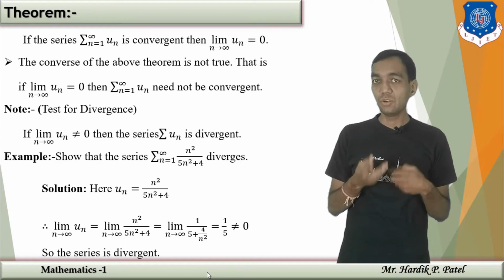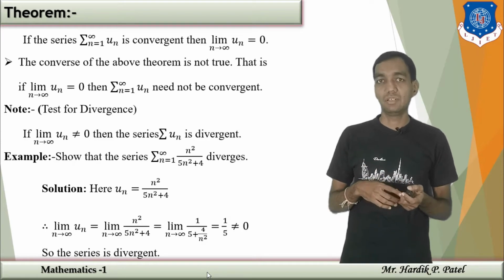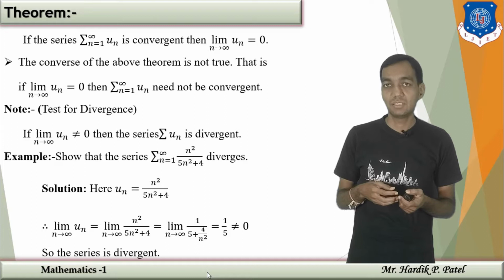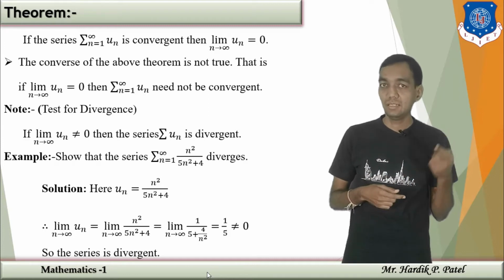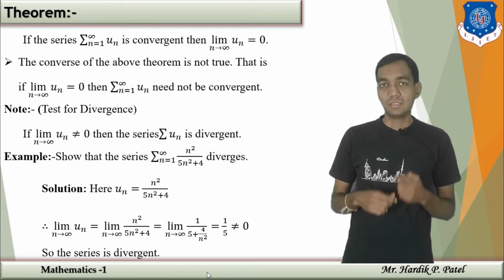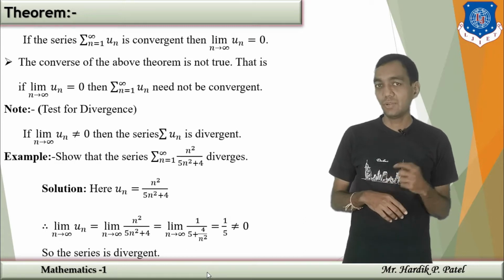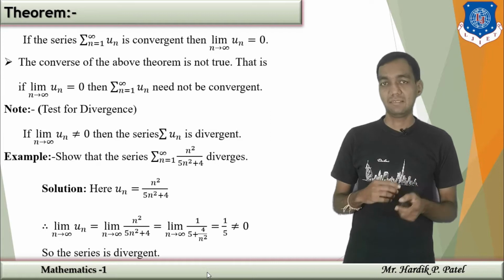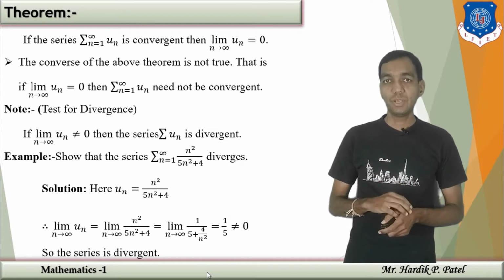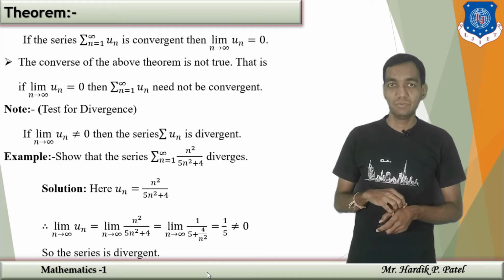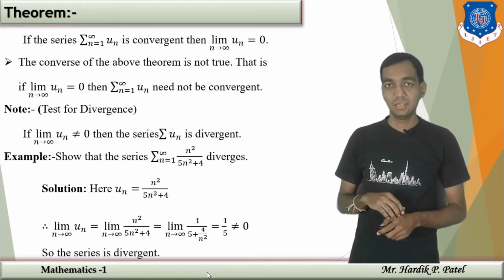So you cannot decide the convergence directly by applying the limit to un as we have done in a sequence. We are going to check an example of this at the end of this session. Before that, we are going on to the test of divergence, which is obtained from the original theorem.